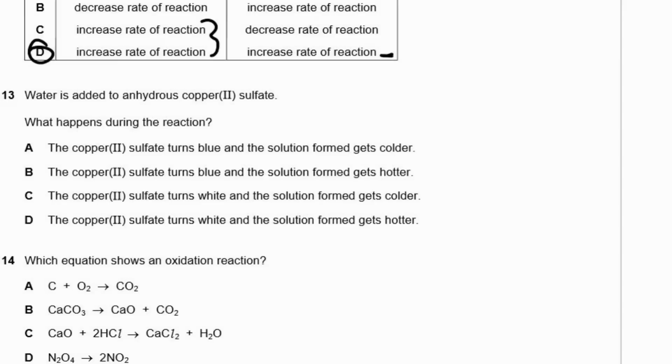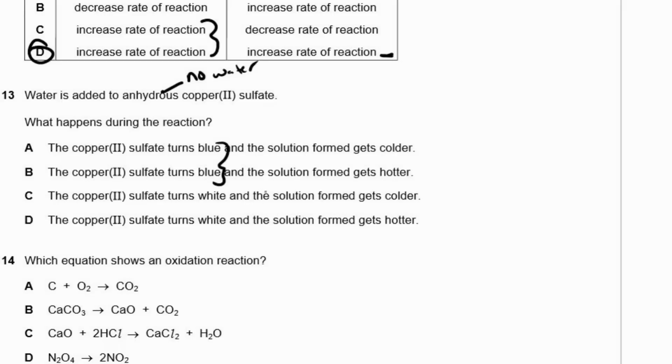Question 13. Water is added to anhydrous copper 2 sulfate. Anhydrous means no water, so that's dry copper 2 sulfate. What happens during the reaction? Dry copper 2 sulfate starts off blue, so it's one of these two.